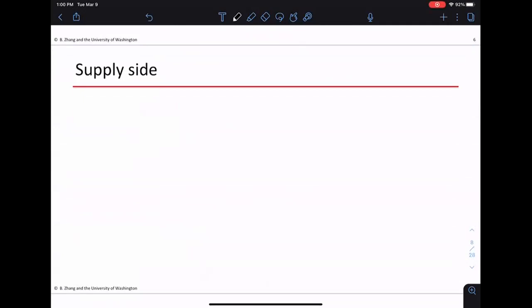Similarly, you can look at the supply side. We have a demand curve, and at the same time we have a supply curve. The supply curve is very similar to the demand curve, except it will be increasing. So our supply curve will be something like this, in q and p.